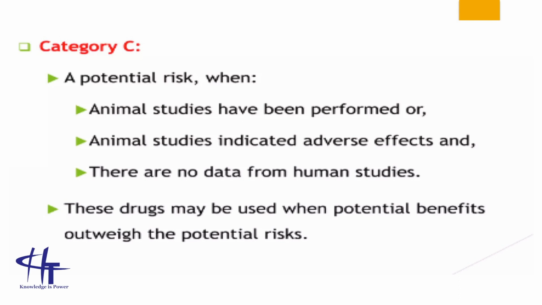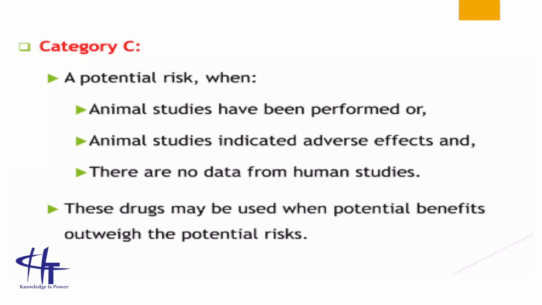The other category is what we refer to as category C. Now, in category C, basically, there is a potential risk when animal studies were performed. Animal studies indicated some adverse effects when the drugs were being used in the animals.